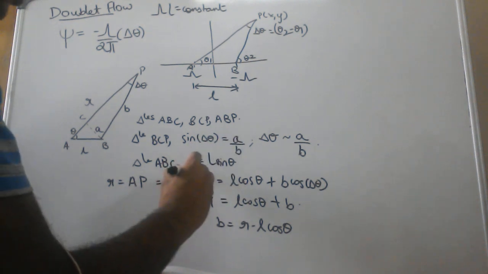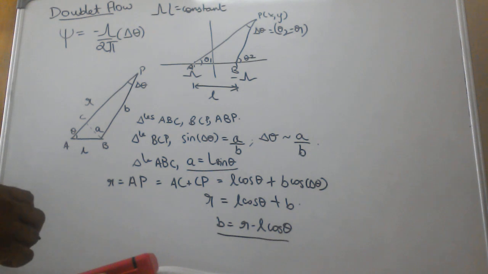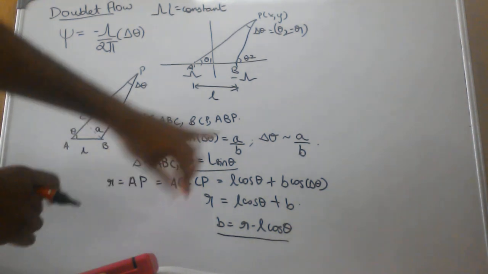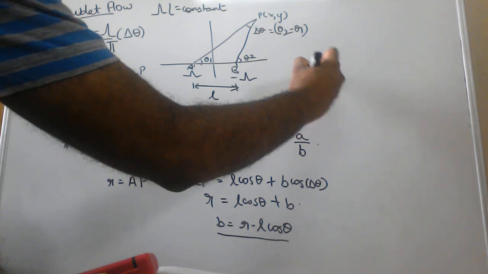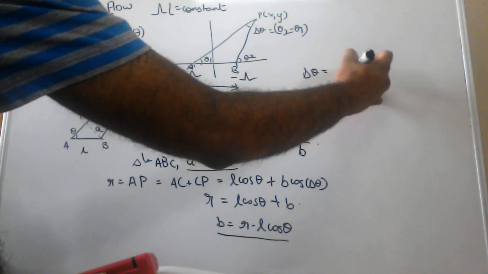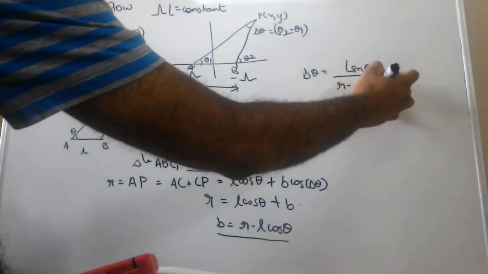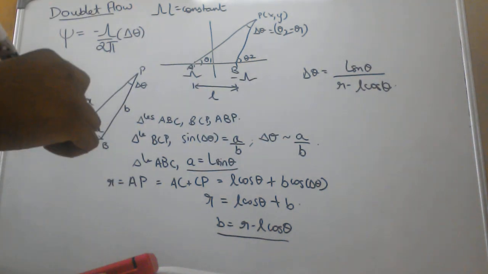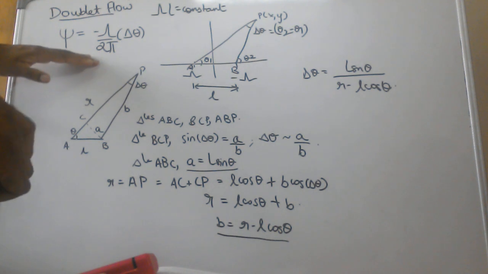So we have two expressions, A in terms of L and B in terms of R and L. Now let's substitute these two expressions back into the expression for delta theta. So what we get is delta theta is equal to A by B, A being L sine theta and B being R minus L cos theta, right?